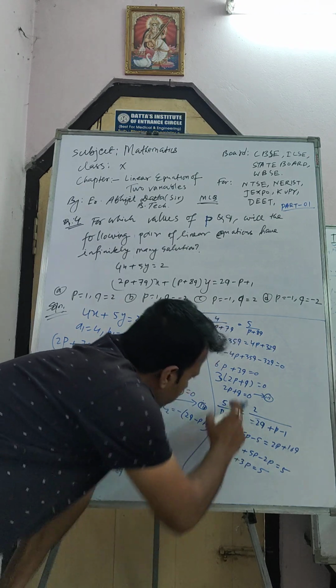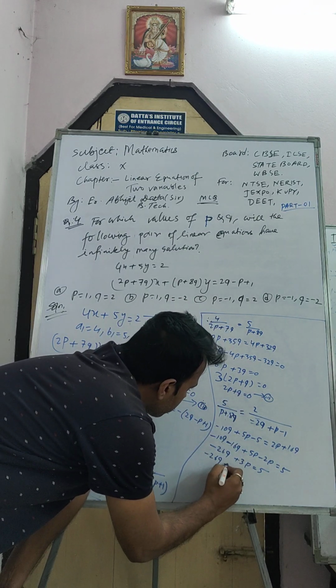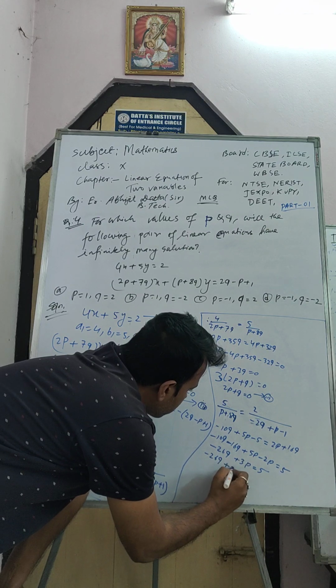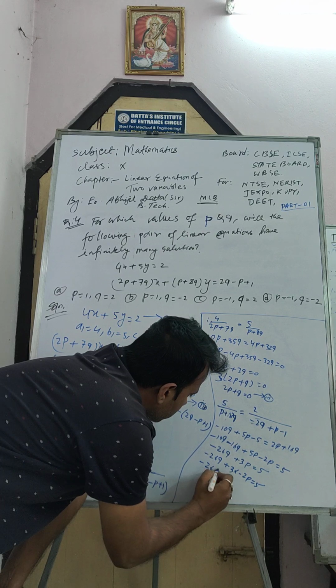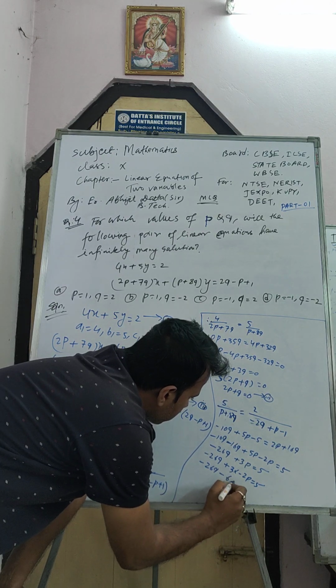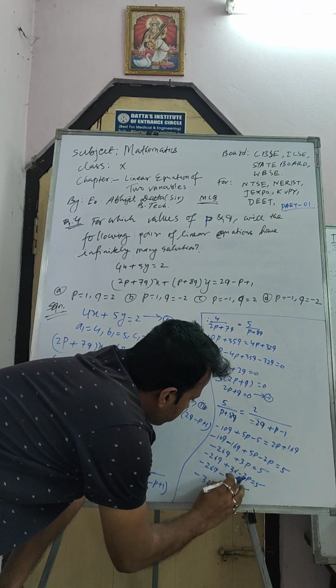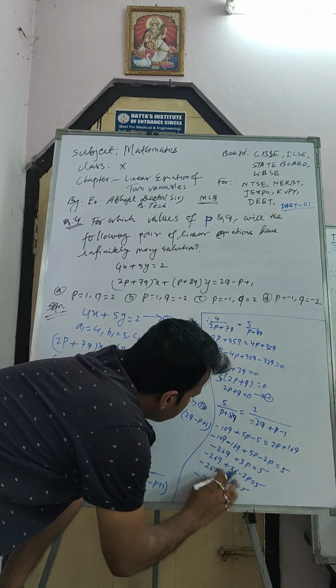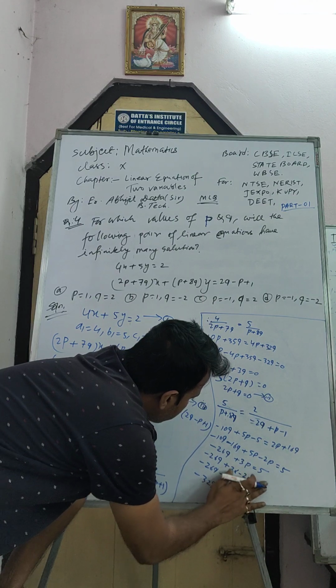So if we put the value of q is minus 2p, it will become minus 26q, the value of q is 3 into minus 2p, it is 5. So it will become minus 26q minus p equal to 5. No, I'm just doing the wrong thing.